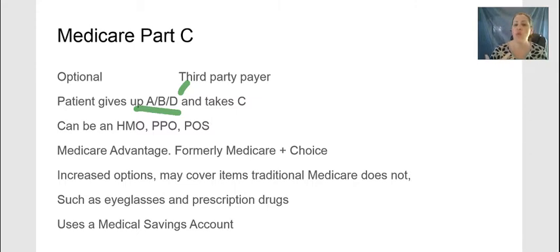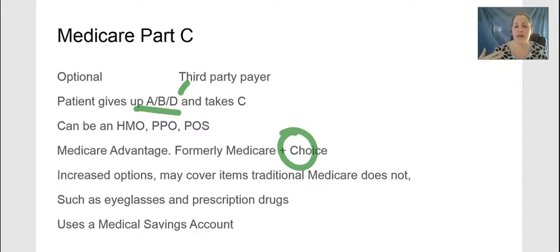It just depends on what you bought. We call this kind of Medicare Advantage. Originally, it was called Medicare Plus Choice because they really wanted to mark it on that C to give it some kind of a name that tied into Part C. But that name really fell out of fashion, and Medicare Advantage is what we now call it today.